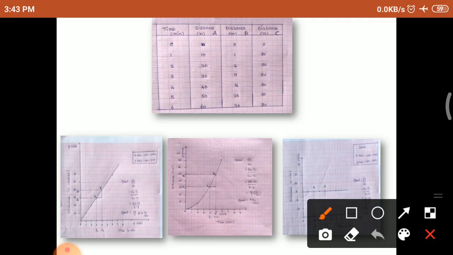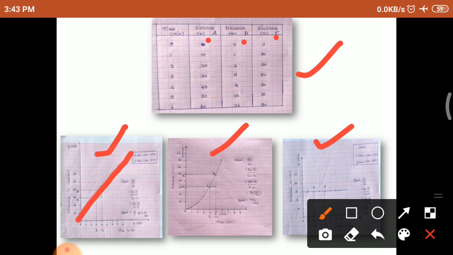So see these 3 different types of graph for reading. Here I took object A, object B and object C. When I draw a graph between time and distance for object A, I get a straight line. For object B, I get a curved line.